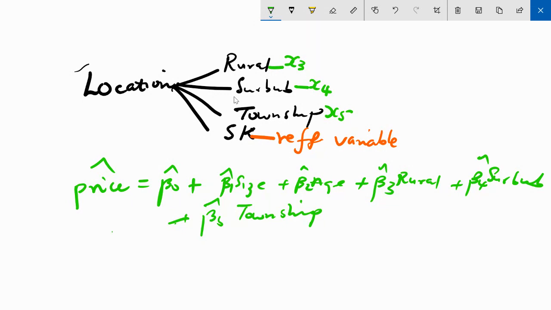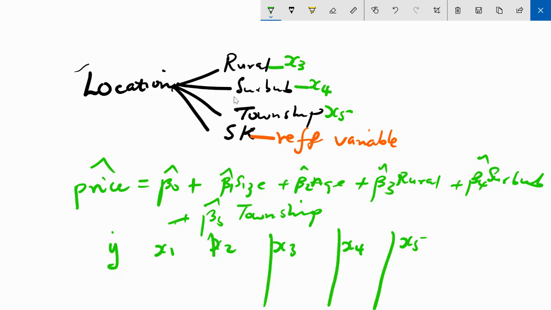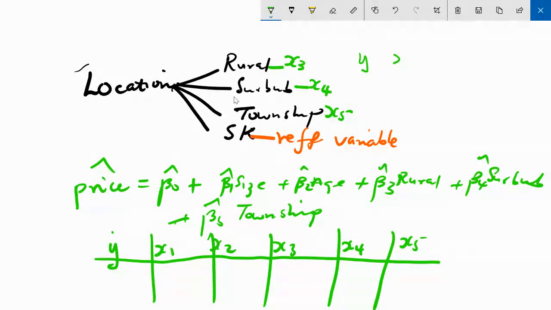It means your data set will have Y, X1, X2, X3, X4, X5. Before you involve the dummy variables, change these to numeric. It was having only Y, X1, X2, location. Remember, this one is age.